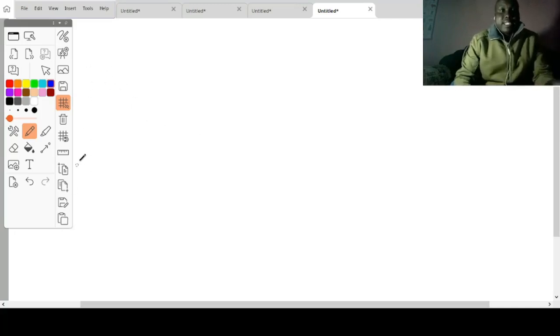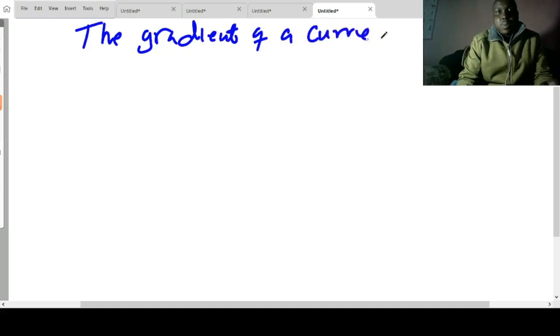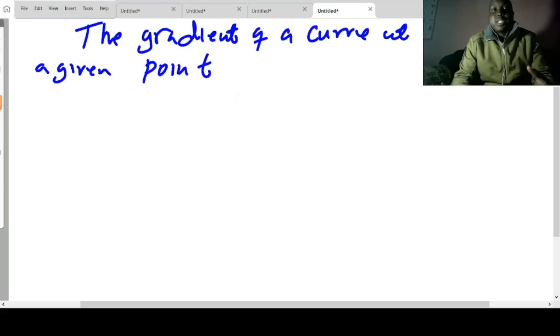The gradient of a curve at a given point. So here we are going to be given a point, and we are going to be given a curve.